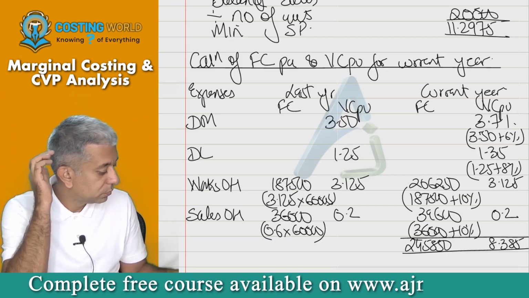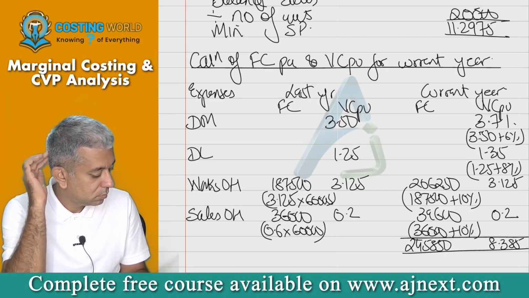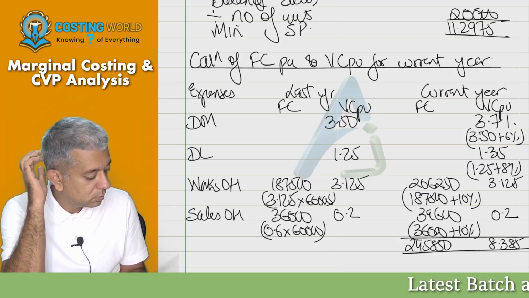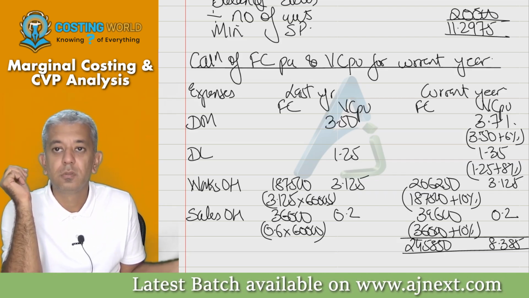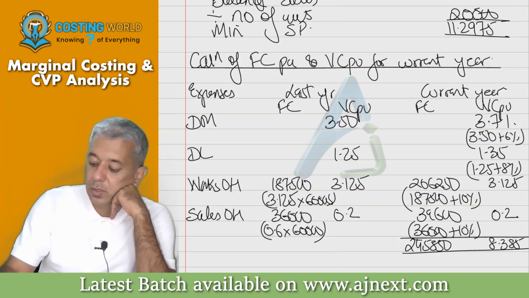Done? Done? Yes, sir. 11.2975, everybody should get beta.